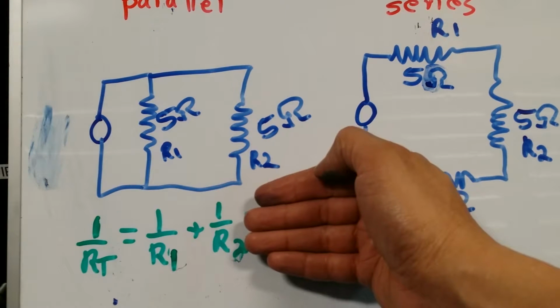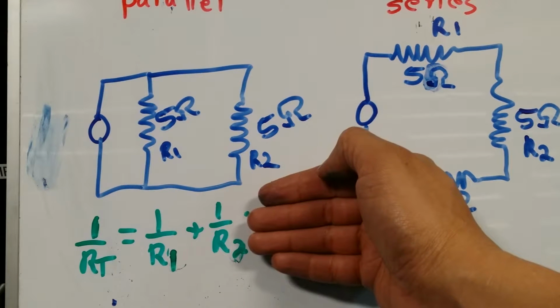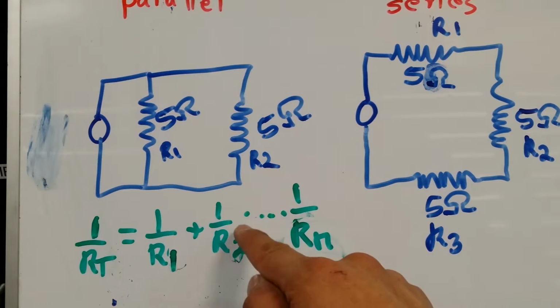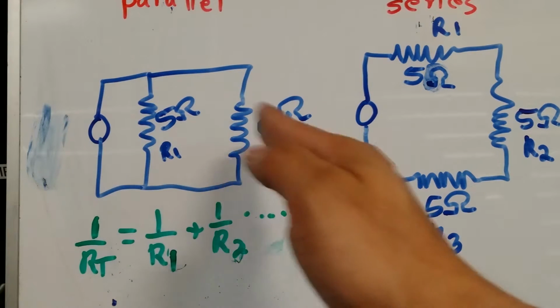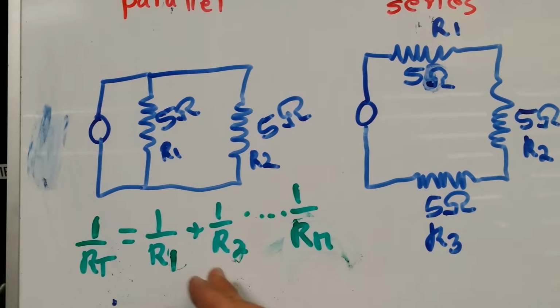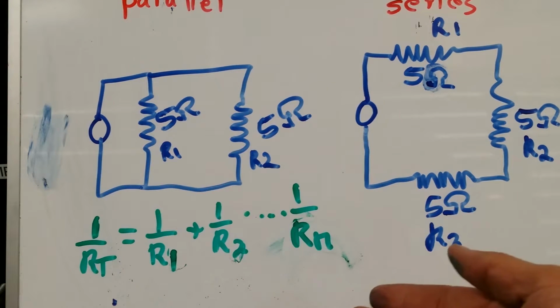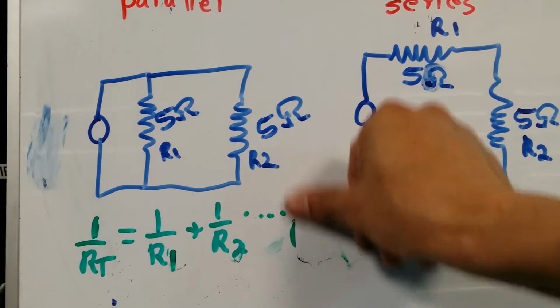In our case, our formula ends over here, but if we have more resistors, say 5 branches, we will have resistance 1, resistance 2, resistance 3, 4, all the way up to 5. But in this case, we just end there.